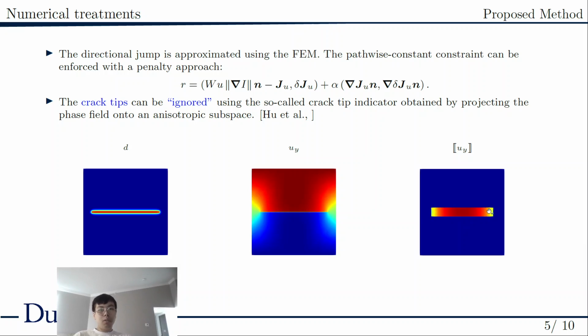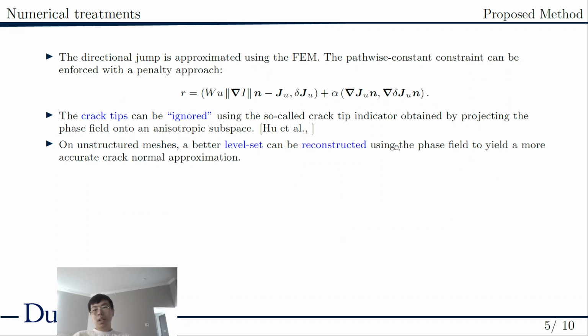And the third remark here is that on unstructured meshes, sometimes we need a better crack normal approximation. So we can rely on a level set which is reconstructed from the phase field to do that. This is the same approach proposed by Lee and Wheeler in one of the papers I talked about earlier.